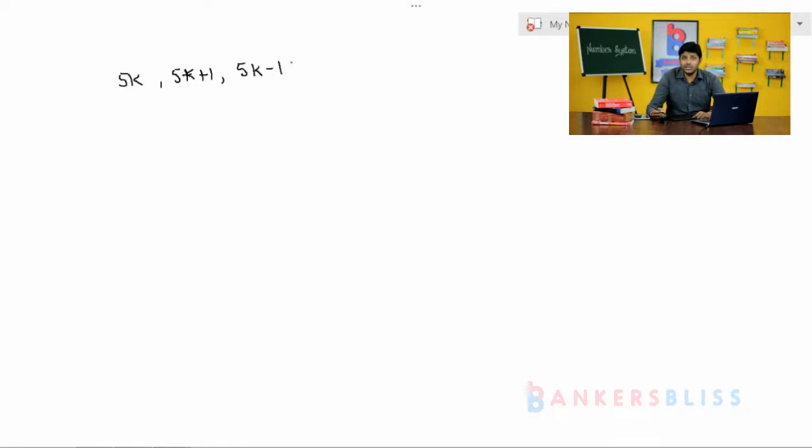But any number which is in the form of 5k, 5k plus 1, 5k minus 1 is not necessarily a perfect square number. Remember, 24 is in the form of 5k minus 1. It is not a perfect square number.